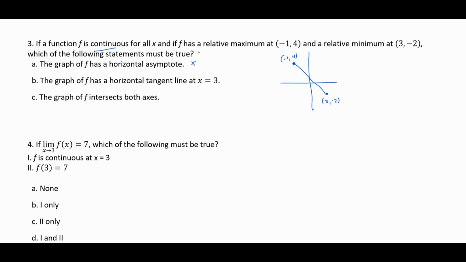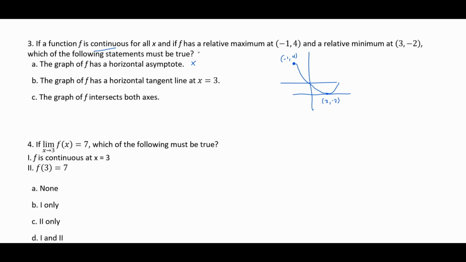The graph of f has a horizontal tangent line. A horizontal tangent line at 3. So what we're saying here, relative minimum at 3, -2, it has to have a horizontal tangent line that does something like that. Really, it'll just touch it and then go do other stuff right after that. But from the information that we're given, we don't necessarily know that that is happening.